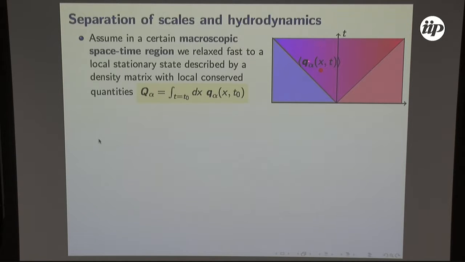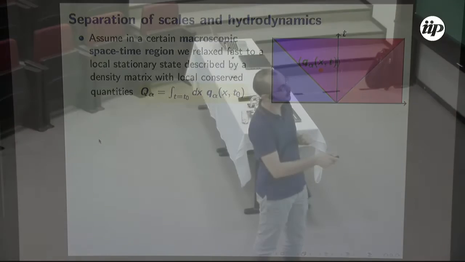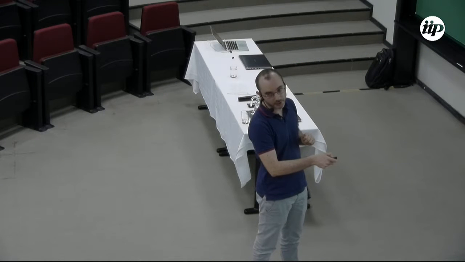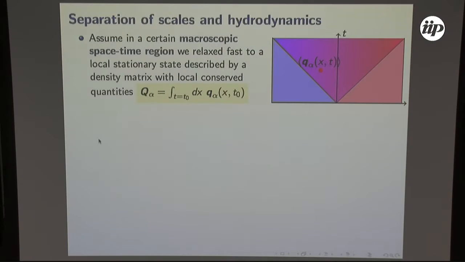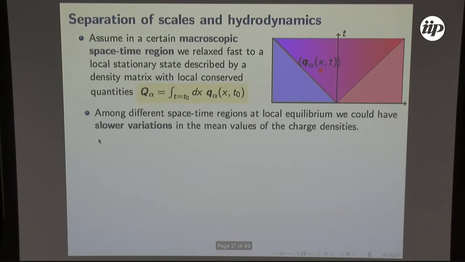This will depend on x and t, on the position where you are. Here you can still describe your quantum system as an equilibrium with a space-time dependent potential, essentially a Lagrange multiplier. What you have to understand is how conserved charges, like the occupation number in the free fermionic model, move in the space-time diagram.